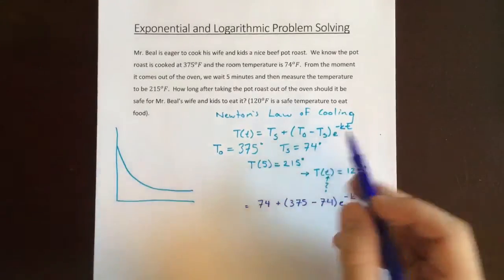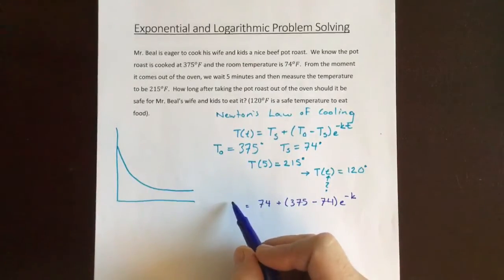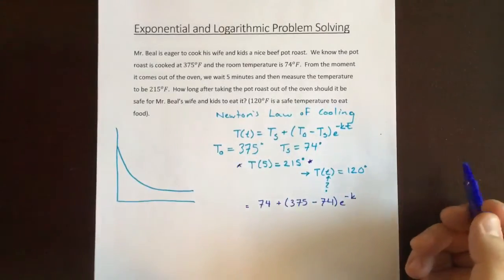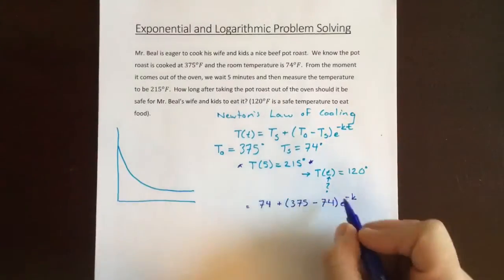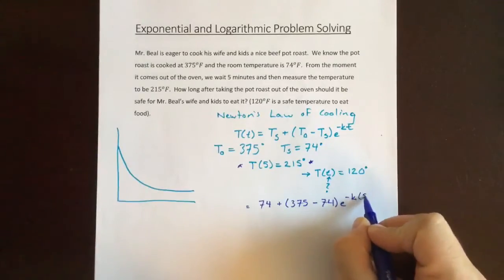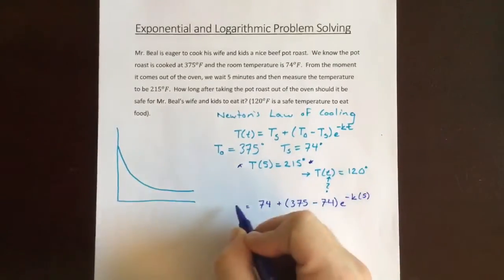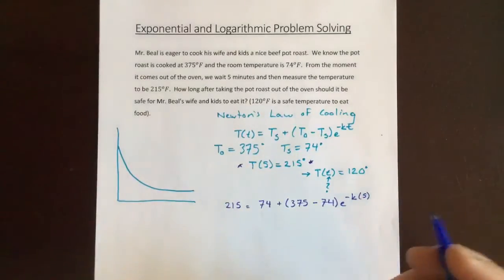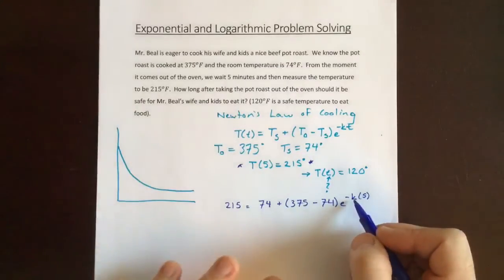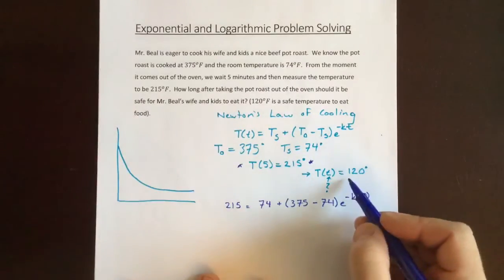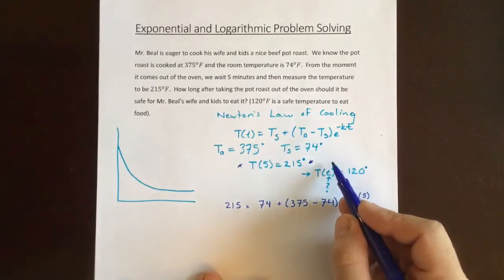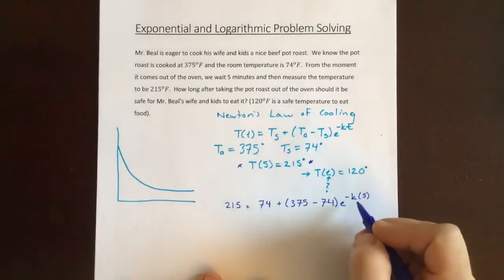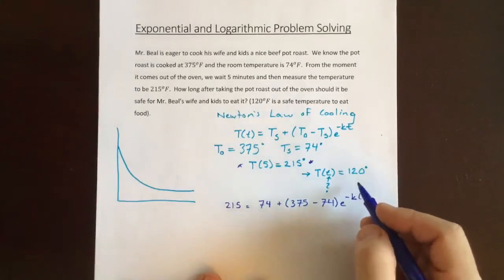Notice I left the left side empty as well; that's where this data value will be used. So at 5 minutes, we know what this whole thing will equal. We have everything in, and notice we do not know what k is, and we will need to find k in order to figure out the time it will take to get to 120 degrees. Understand we need this value before we can truly answer the problem.